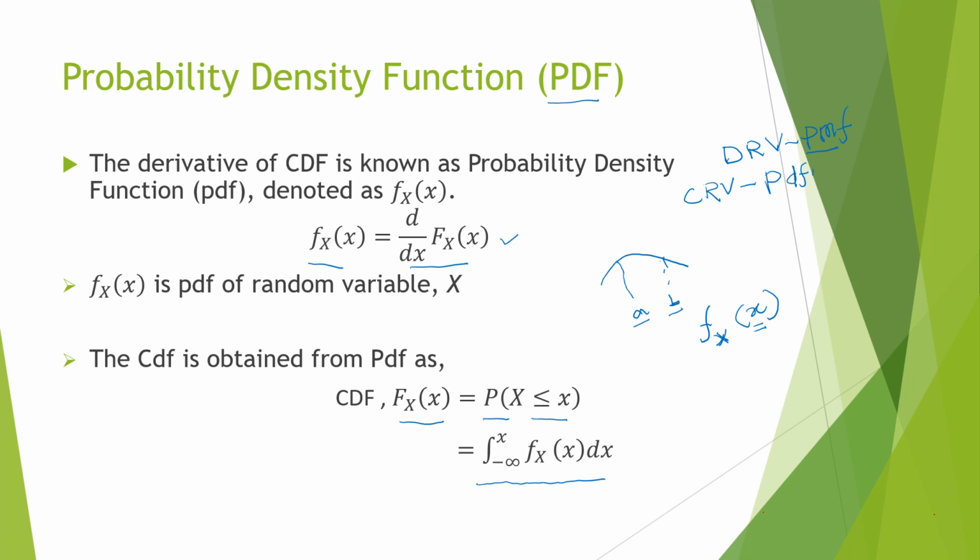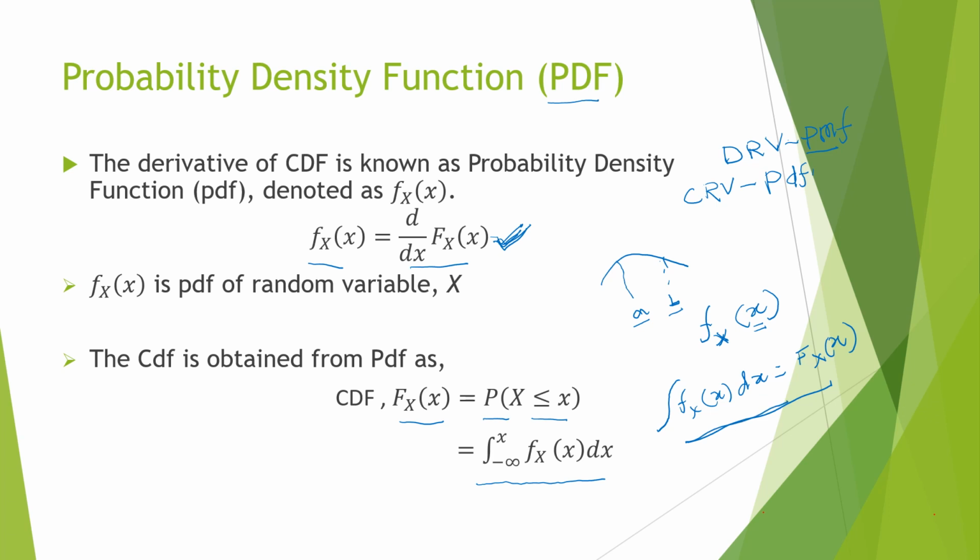It is also evident from this equation. If you integrate this equation on both sides, we have the integral of f_X(x) dx equal to F_X(x). It is obtained from this equation. So therefore, two important equations are here.